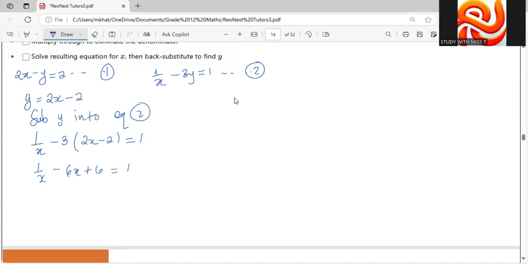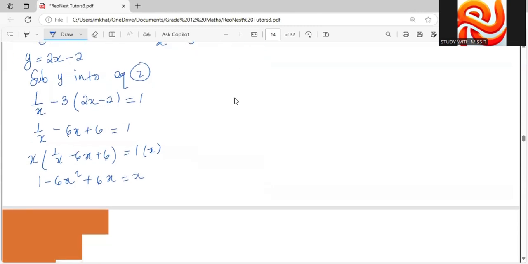So now I can make it into standard form by eliminating the denominator. So I'm going to multiply both sides by x. Okay, so I'm going to have 1 minus 6x squared plus 6x equals x. So now I'm going to put it in a standard form.